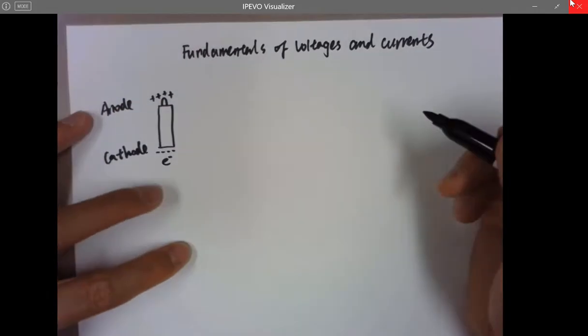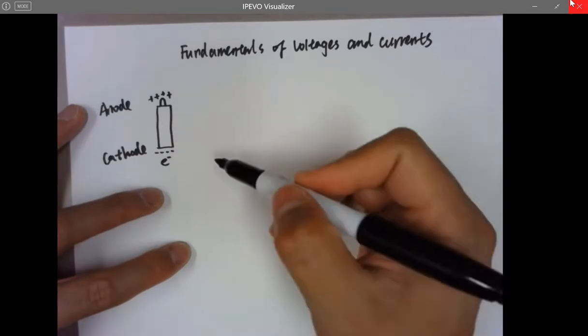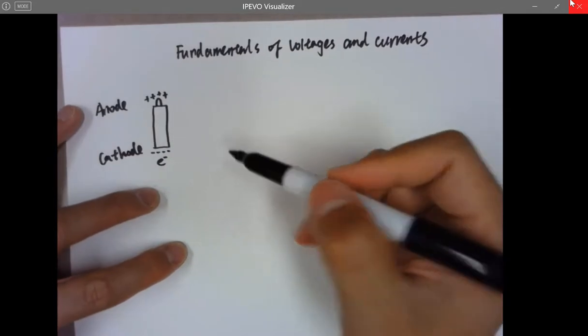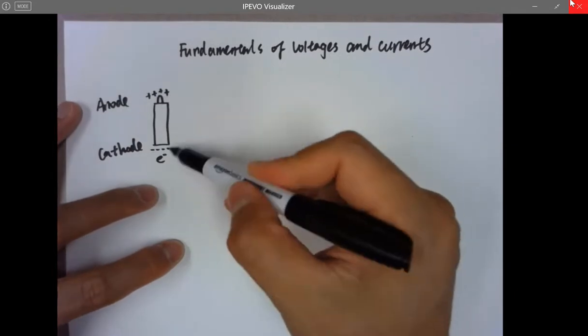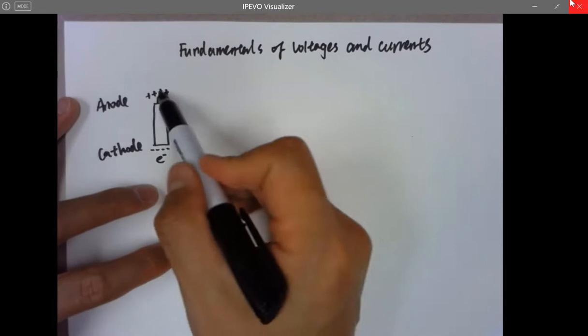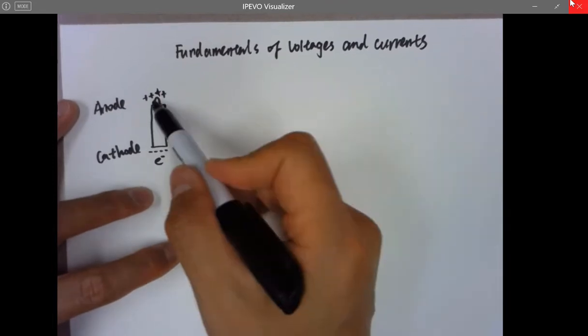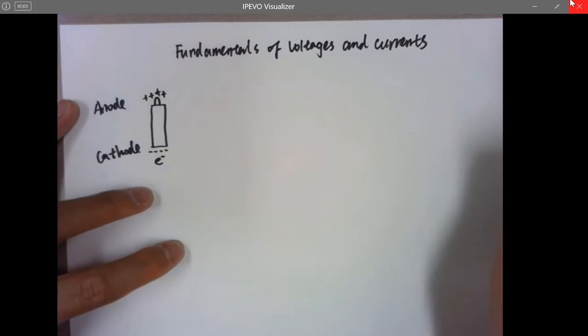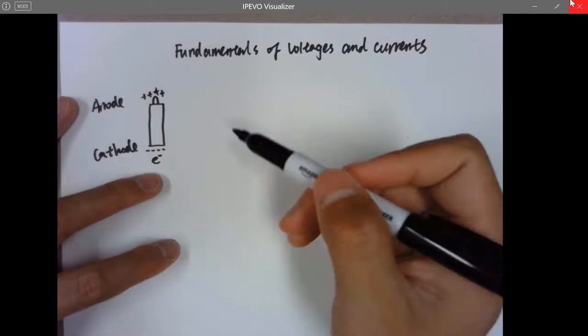Okay. If there's no connection between these two terminals outside of the battery, there won't be any electrical current flow through the battery, from the anode to the cathode. So which means these will be just static charges that stay there and wait for something to happen in the future. But before you make a connection, nothing will happen.